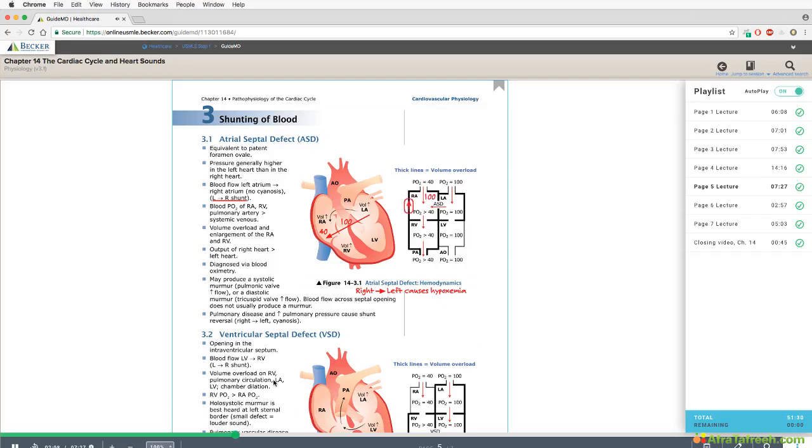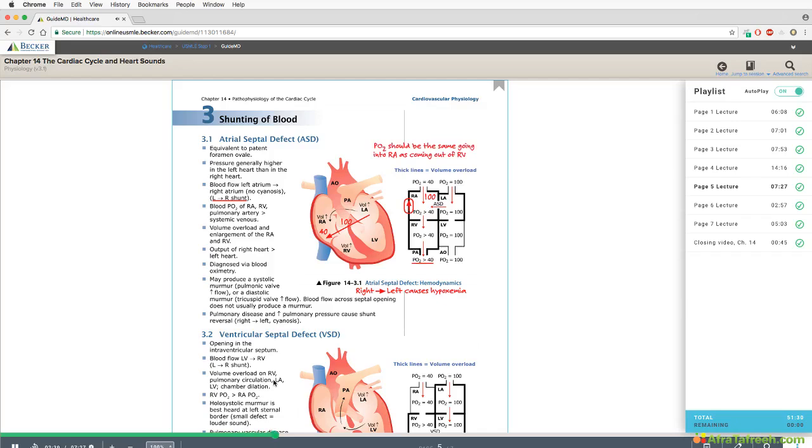That higher PO2 blood is carried into the right ventricle and pumped into the pulmonary arterial system. So this left to right shunt raises right atrial PO2, right ventricular PO2, and pulmonary arterial PO2.